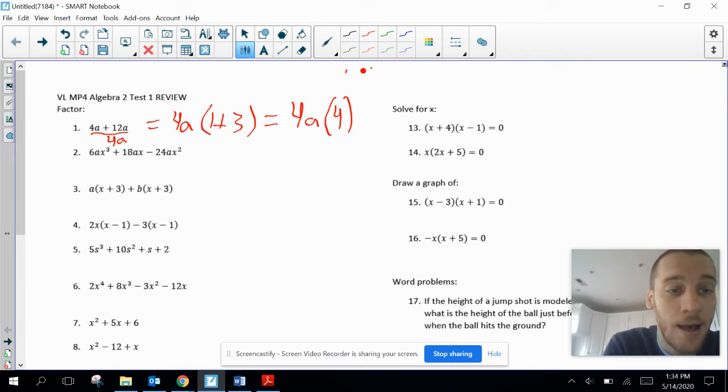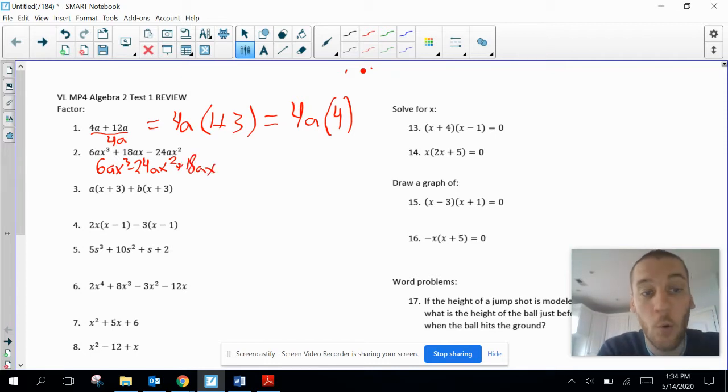On this one, looking for a GCF, first thing I should do is put it in the right order. So we've got 6ax cubed minus 24ax squared plus 18ax. I want to organize them by the highest power of x. So I've got the cube, then the squared, then the single x.